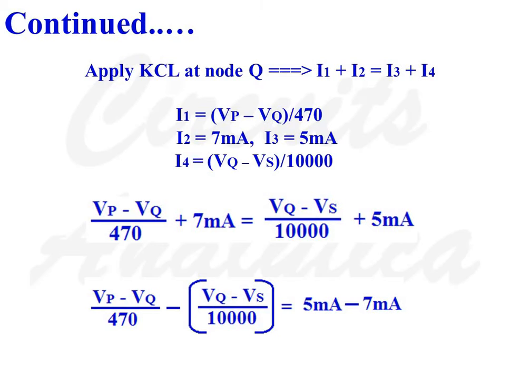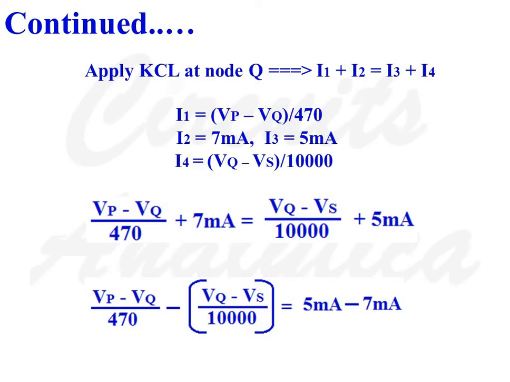So applying KCL at node Q, we will get I1 plus I2 is equal to I3 plus I4. So Vp minus Vq the whole divided by 470 plus 7 milliampere is equal to Vq minus Vs the whole divided by 10,000 plus 5 milliampere.